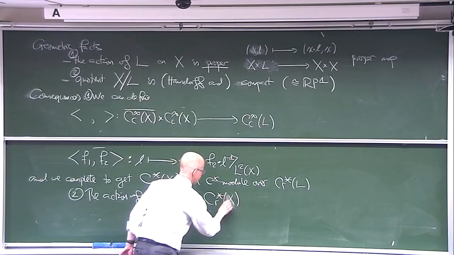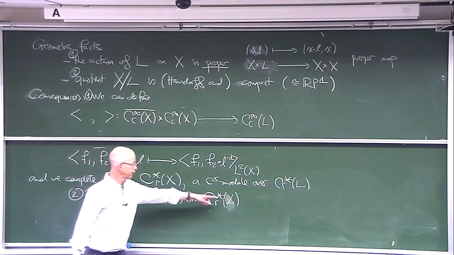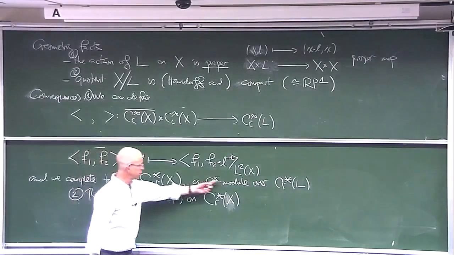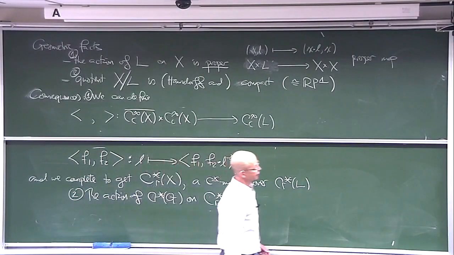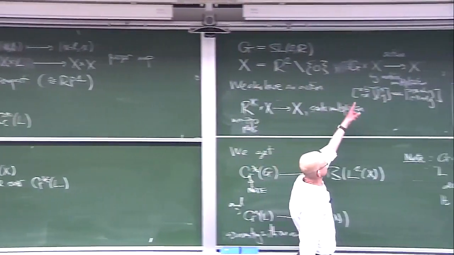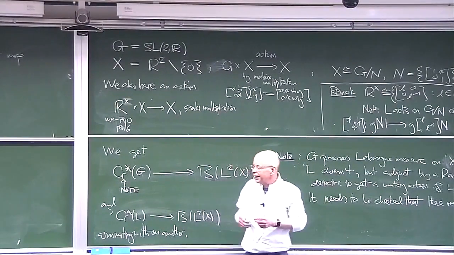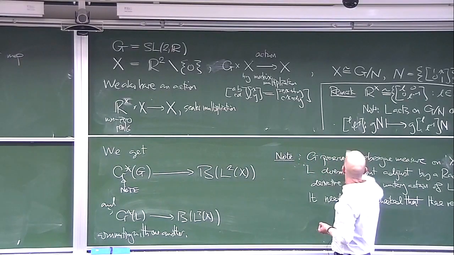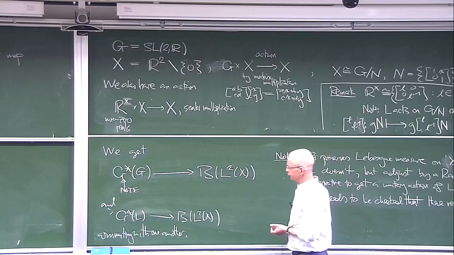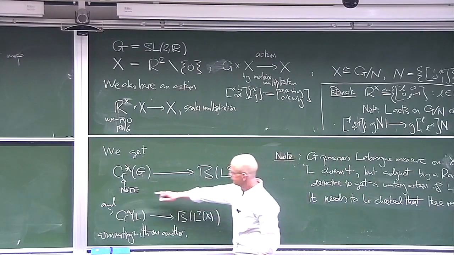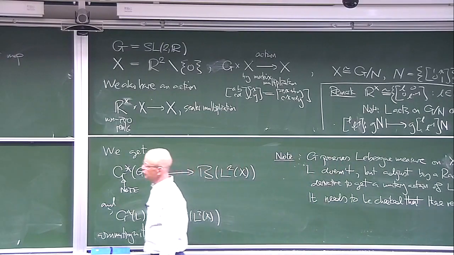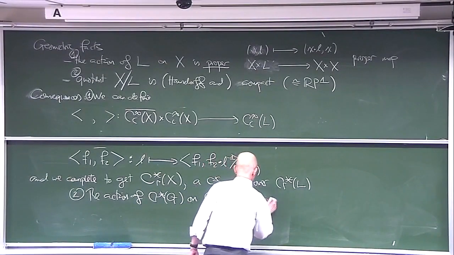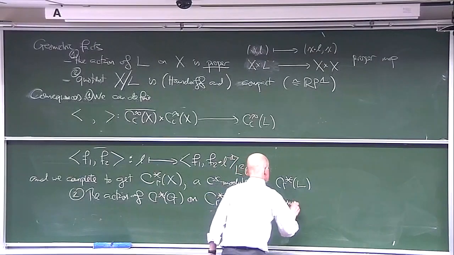So there's a left action of this C-star algebra on this module, coming from the action of G on X. You have to check that the action is through bounded operators. There's some small detail to worry about, but we'll talk about that later. What I want to focus on right now is that this action is by compact operators.